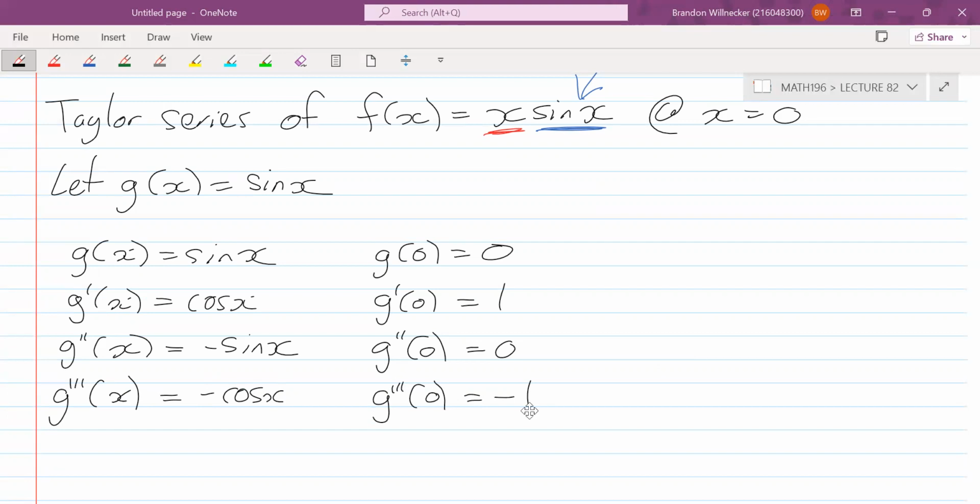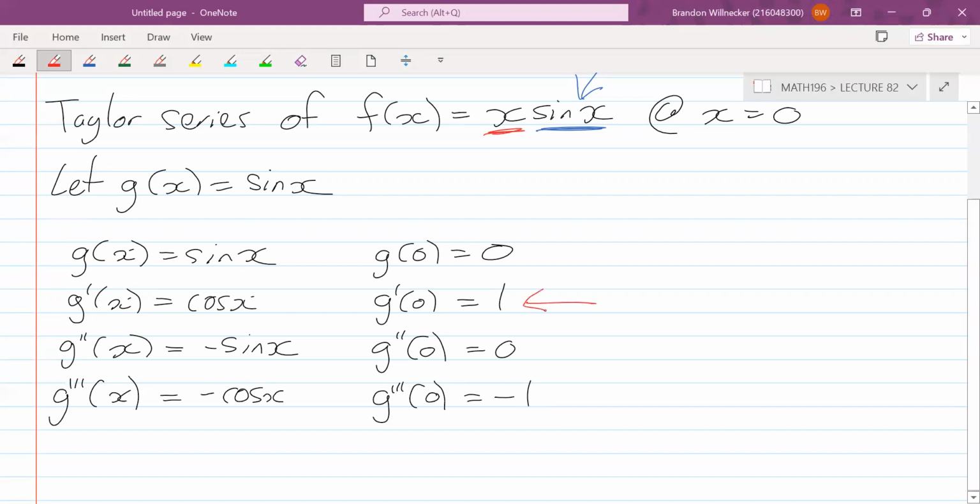So we see we have this alternating behavior between sine and cosine, and then again this alternating behavior between 1 and minus 1, because the derivative of sine gives us cosine, but the derivative of cosine gives us minus sine. So we have this alternating plus and minus as we go through the odd terms.